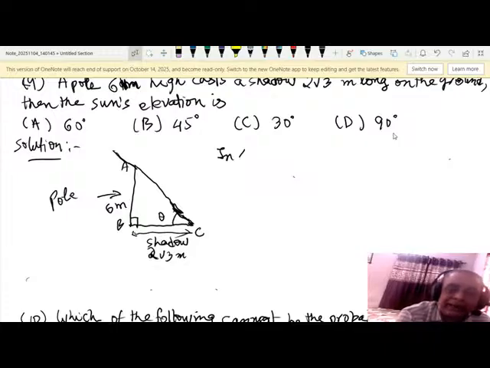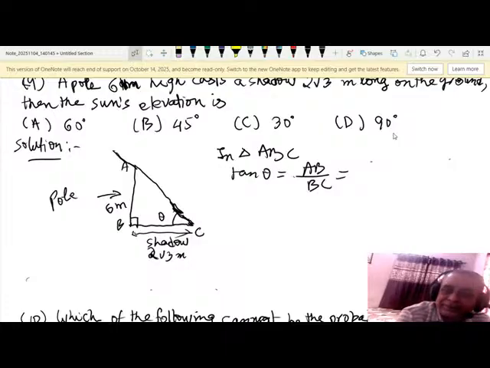So in the triangle ABC, we have to find the angle theta degree. So what will be the value of tan theta? It is perpendicular by base, opposite upon adjacent. So it is AB by BC. Now you put the values.